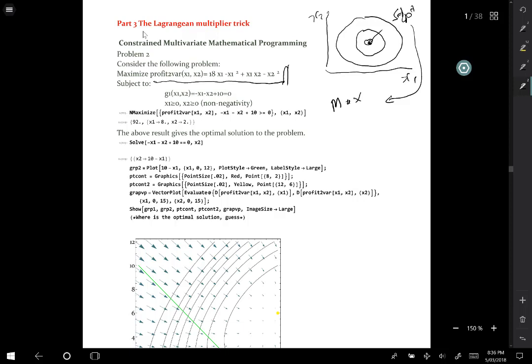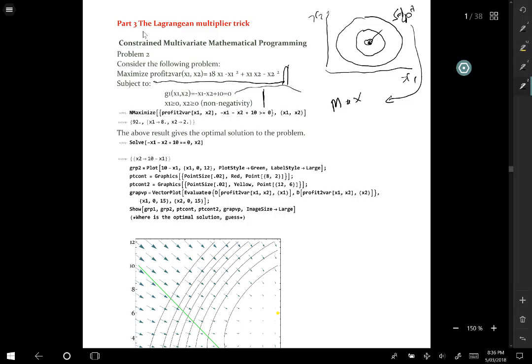We're now going to add in one or more constraints, and so it's going to say that this objective function is maximized subject to some constraints, and the first constraint is that x1 minus x2 plus 10 is equal to 0, and then we've got some other constraints in there which are called non-negativities. They're just making sure that x1 and x2 are greater than or equal to 0.